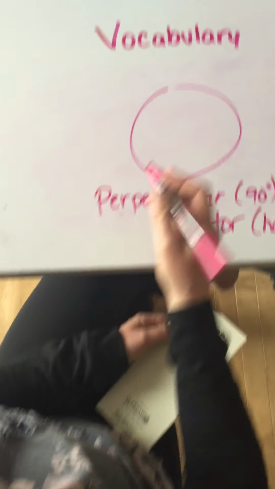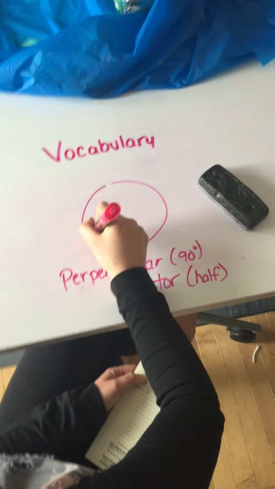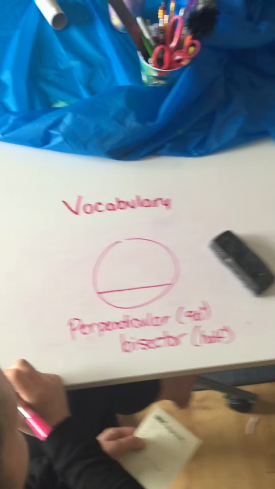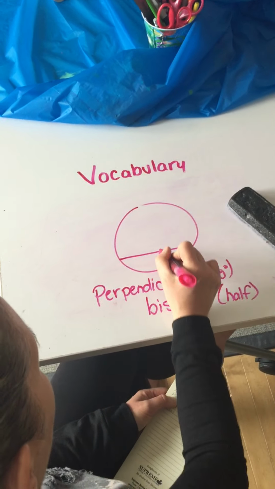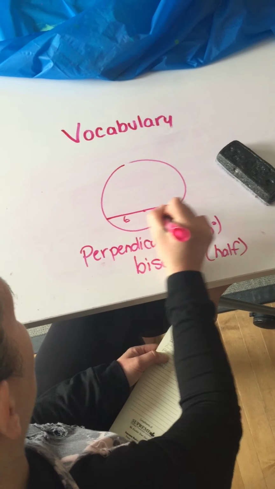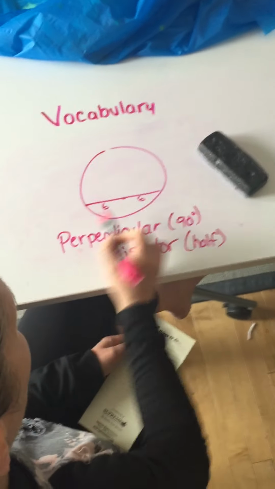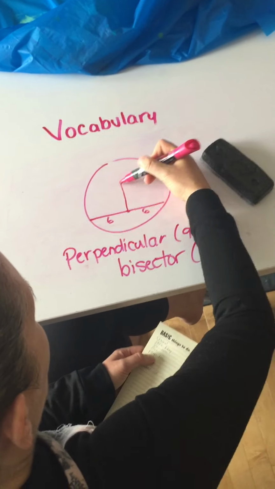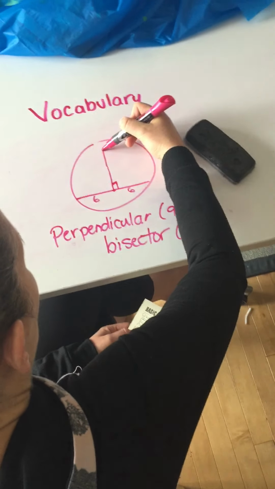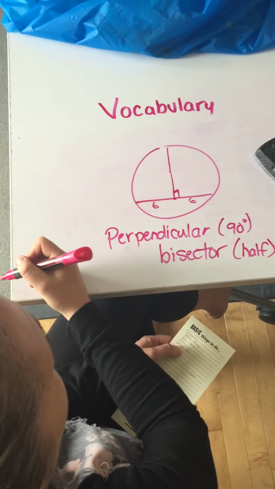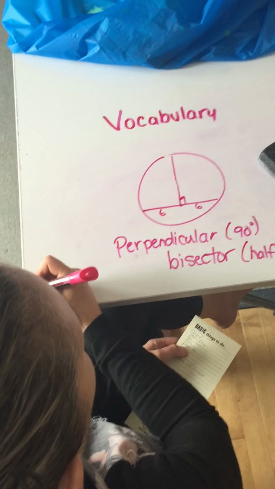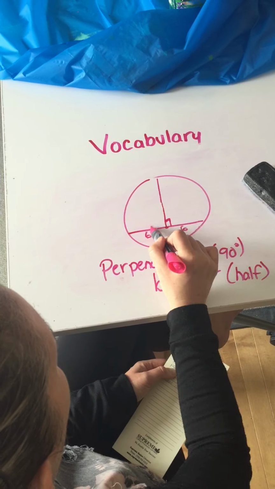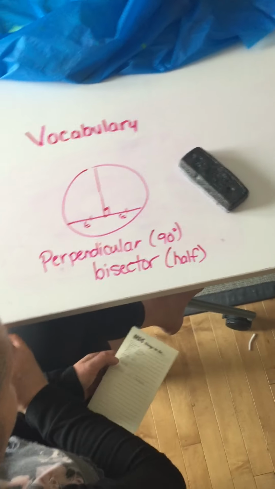We use this in circle geometry because if you take a chord and you find the middle, bisect it, so 6 centimeters, 6 centimeters, there's the center, that's bisected. And if you do it perpendicularly, that's one of the properties we're going to learn about with circles. So perfectly in half and 90 degrees is a perpendicular bisector.